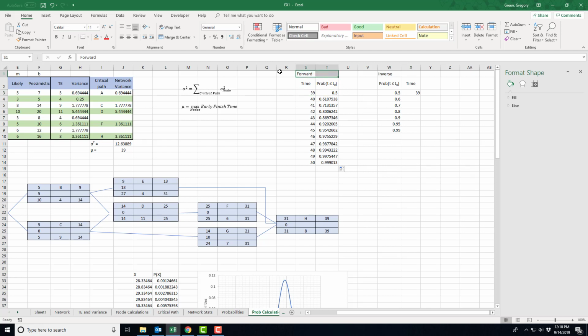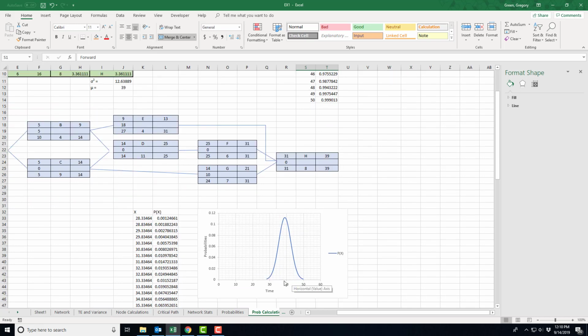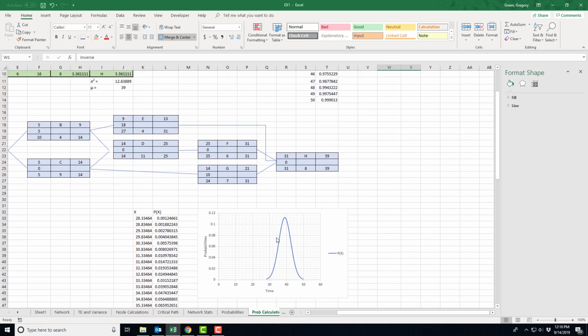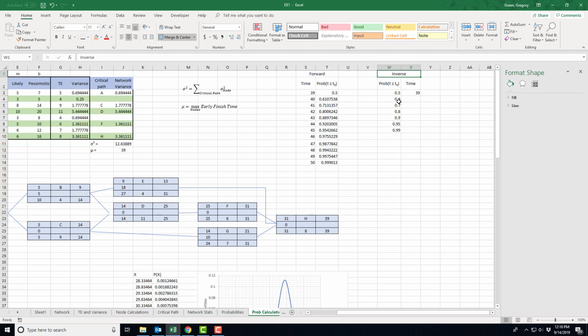So in a math setting, I think of going from left to right as moving forward, meaning I'm choosing something on the horizontal axis and then calculating an area underneath this curve. Whereas this other problem is what I like to call an inverse problem. This time I have an area and I'm asked to find the number on the axis that corresponds to the area. That is frequently how our questions are asked.